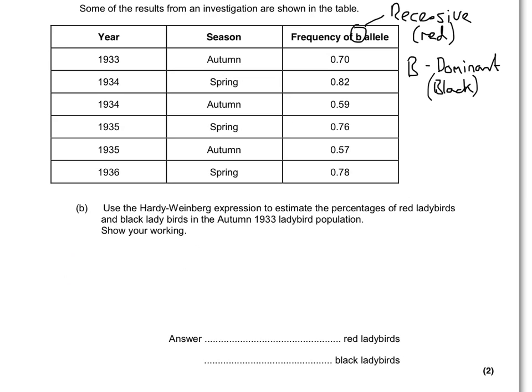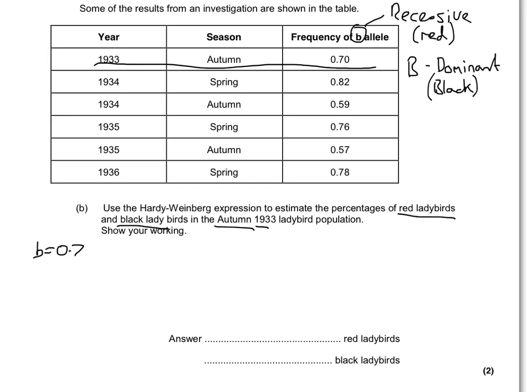So use the Hardy-Weinberg expression to estimate percentages of red ladybirds and black ladybirds in the autumn 1933 ladybird population. So we're trying to work out the percentage red, percentage black in autumn of 1933. So the data we're looking for is this line here. If we're looking at this data, it's told us that lowercase b is equal to 0.7.